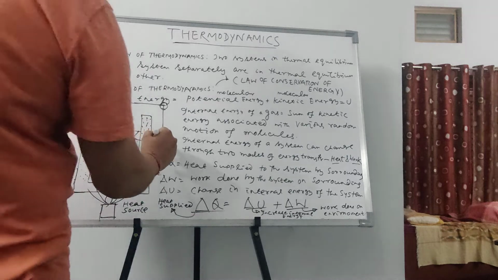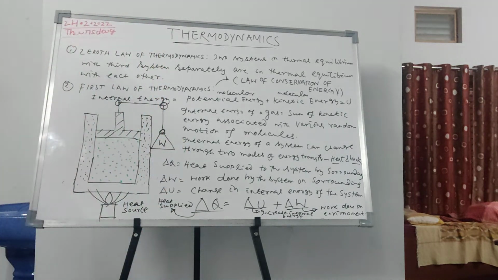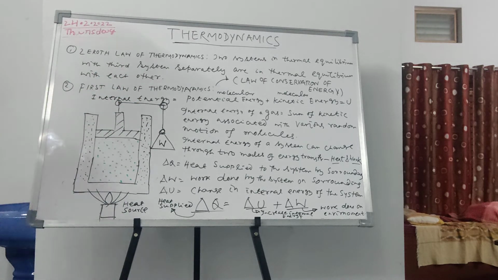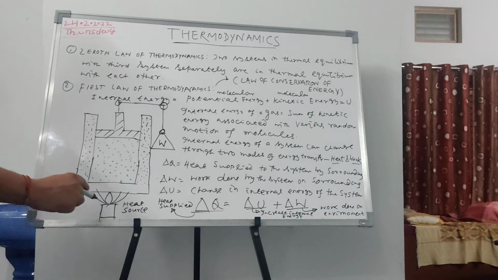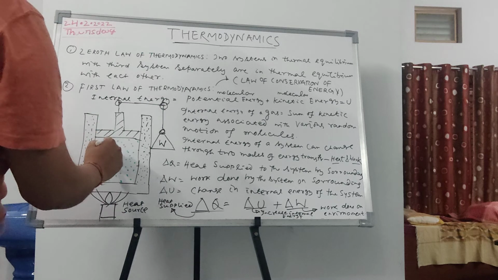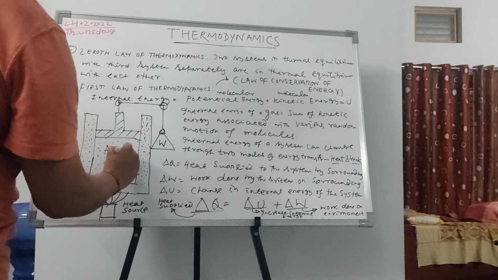Okay, and let us say you have some weight which is being supported with the help of a pulley, and you are supplying an external heat source. Let us say the state of this gas is pressure, volume, and temperature.